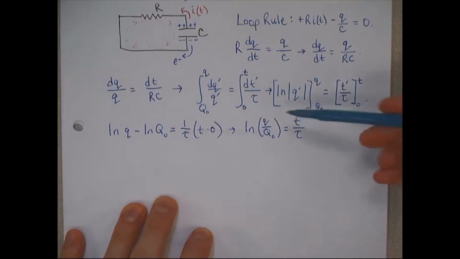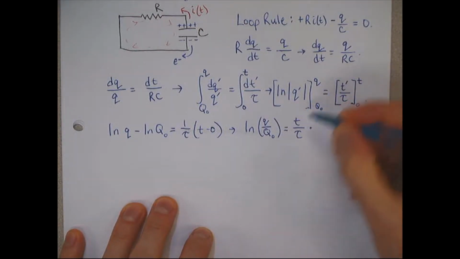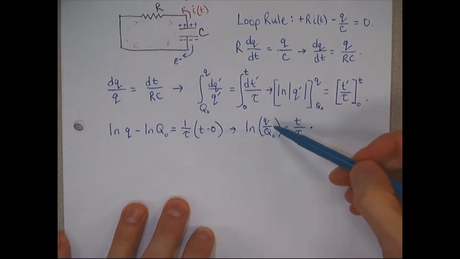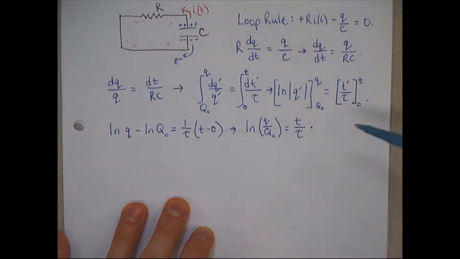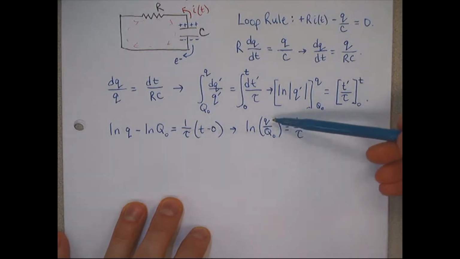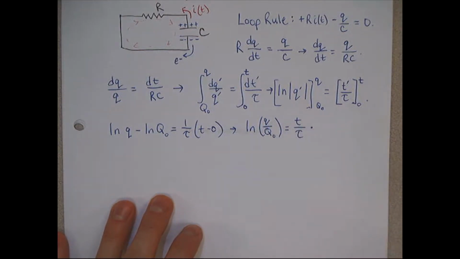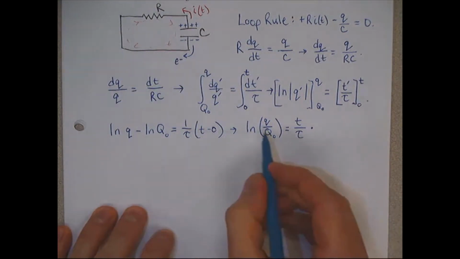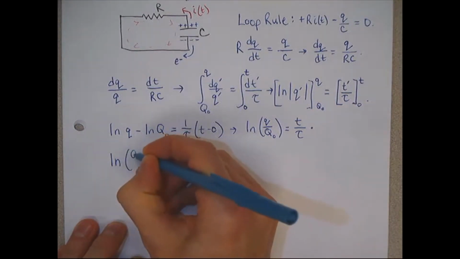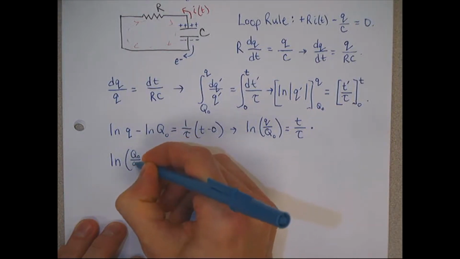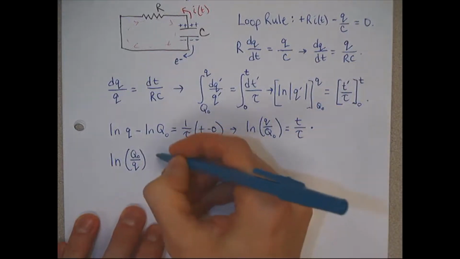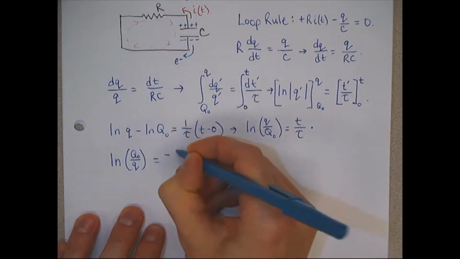Implicit in this expression is the fact that the charge at any point during the discharge process, little q, will always be smaller than that initial charge. So you are taking the log of a number less than 1, and that quantity would be negative. So we could rewrite this if we want: natural log of Q0 over Q, of course, inverting the argument brings out that minus sign.